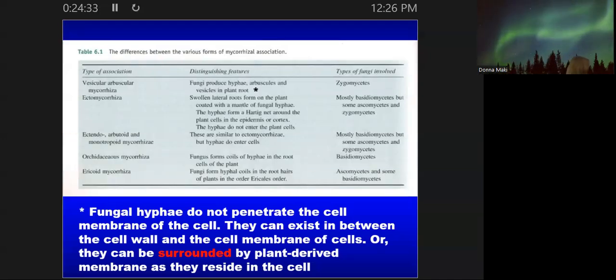Ectomycorrhiza are another type, but you see that there's others here. Ericoid, and monotropoid, those are really interesting. Orchidaceous, those are really bizarre groups. Arbutoid again. So there are different groups out there that all have some very interesting attributes and different associations with different groups of plants.